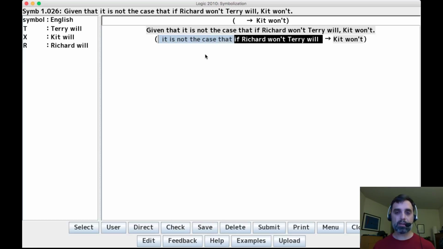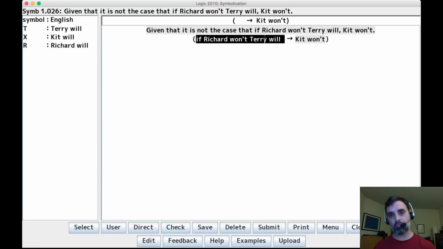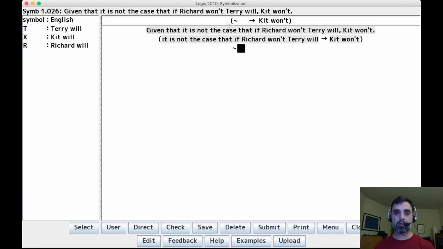So what about the it is not the case that? Well, if we remove it is not the case that, we're left with if Richard won't, Terry will. And that looks like a sentence. So the it is not the case that is the next thing to symbolize. So the it is not the case that is turned into the negation sign. And so if Richard won't, Terry will goes in this text box. So now we have if Richard won't, Terry will. This is a conditional.